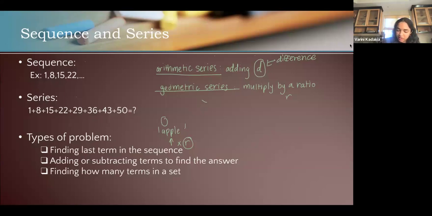So let's say our next term was 3 apples, right? Our r would then be 3 over 1. So it's basically the ratio between both the terms. Does that make a little more sense, or no? Okay.